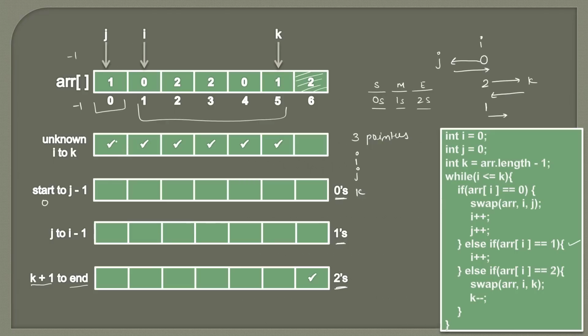So this element is known, so it will go away and the mark will come here, because we have found 1 and we have placed it at its correct position in this range. So these ranges are important. They will help us in traversing the array and also relocating the values of zeros, ones and twos.